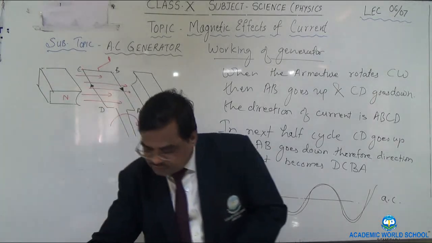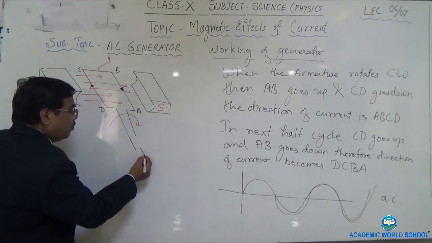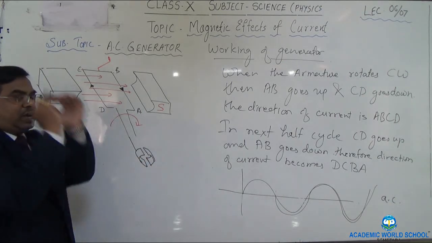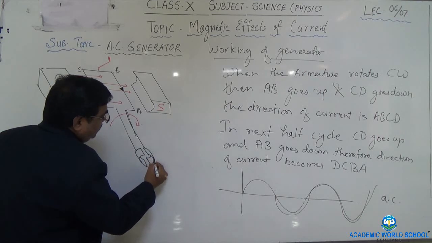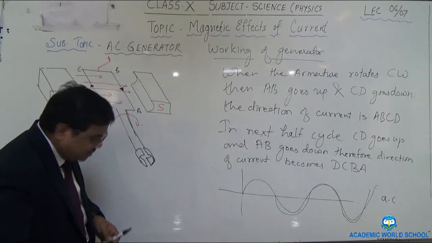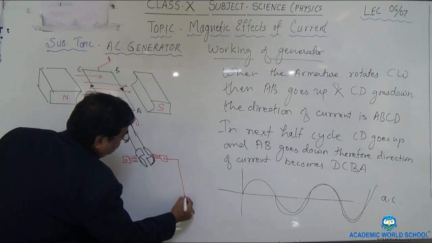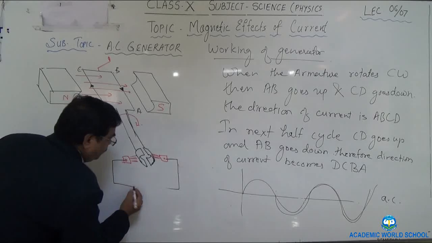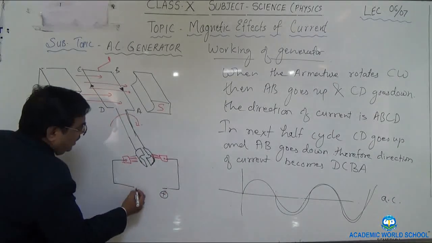Instead of these two complete slip rings, if you make use of those C-shaped split rings and then connect them with the brushes, in that case, you will constantly get one terminal as positive and the other terminal as negative.